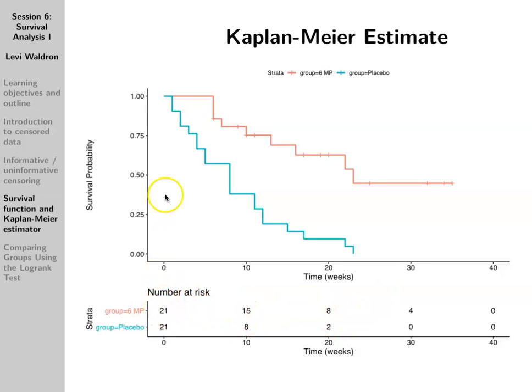So this tells me that at the beginning, there are 21 people in each group. At 10 weeks, there are 15 people remaining in the treatment group and only 8 people remaining in the placebo group. And by 30 weeks, there are 4 people in the treatment group, 0 people remaining in the placebo group.